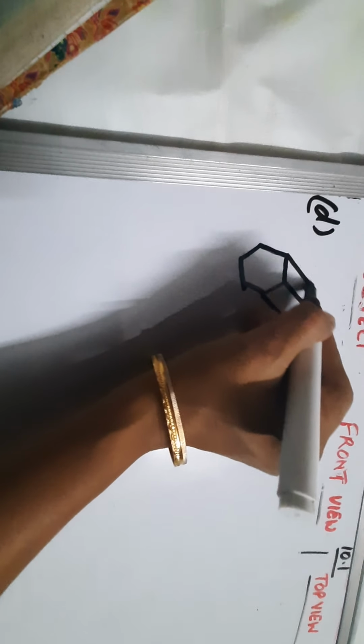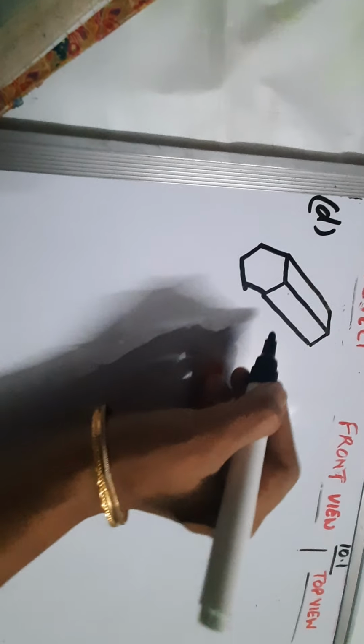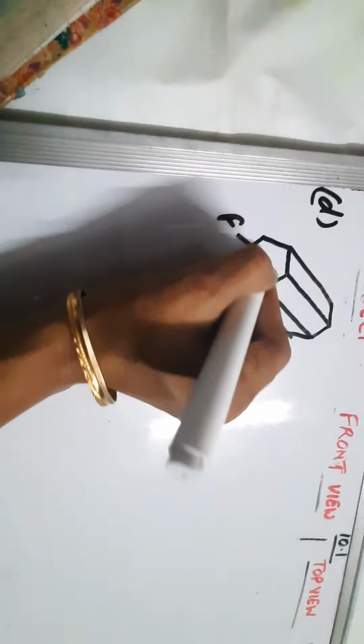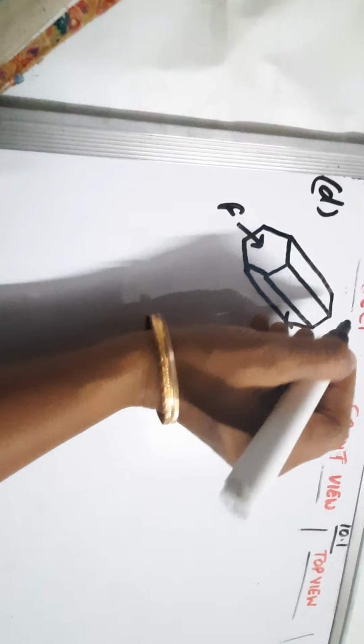Then this is there, and then the remaining like this. So this is front, this is side, and this is top.